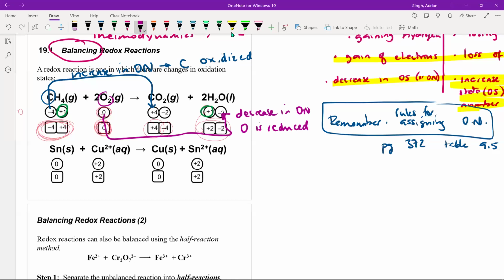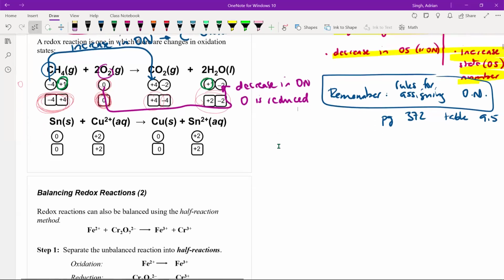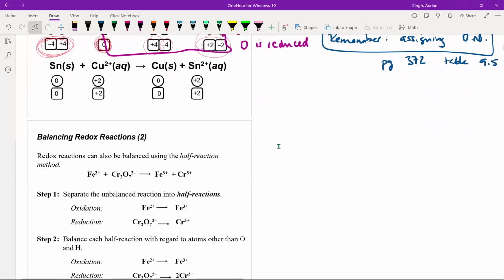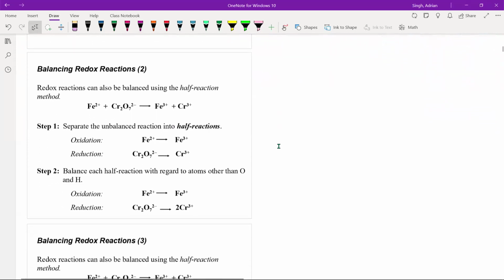So when we have redox reactions, we need to balance them. And when we balance our redox reactions, we are going to balance them by the technique known as the half reaction method. And this is going to include not just the regular balancing that you're used to, right?